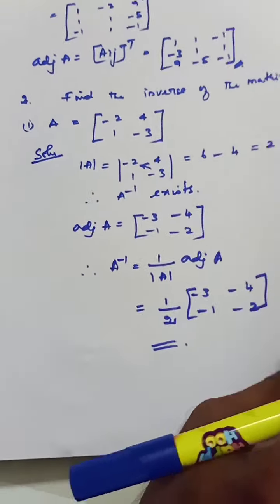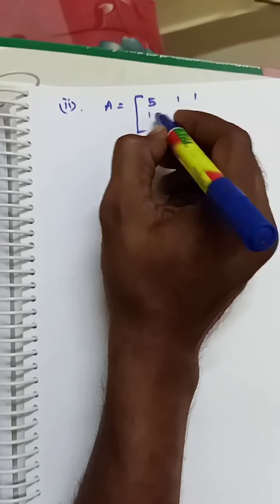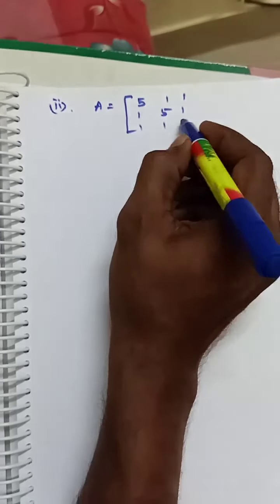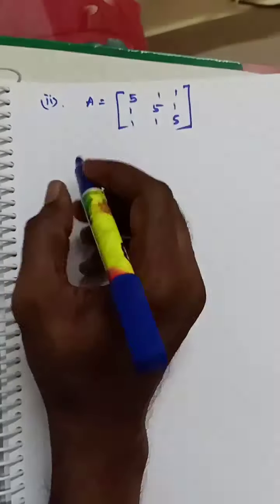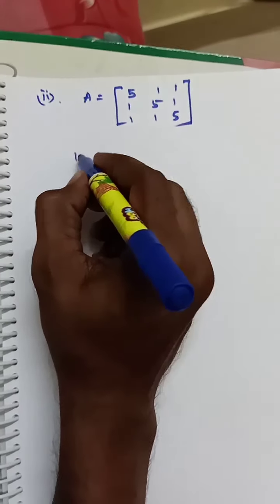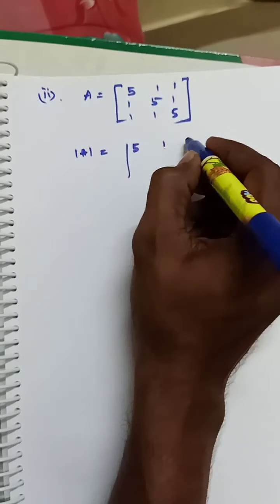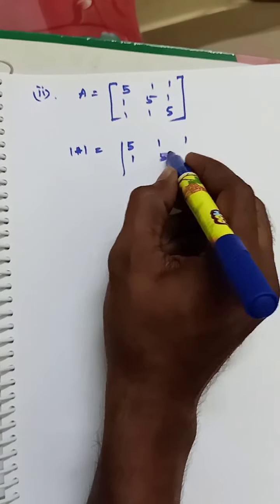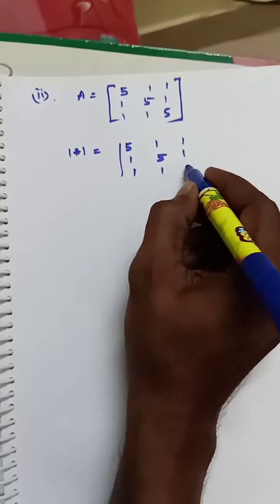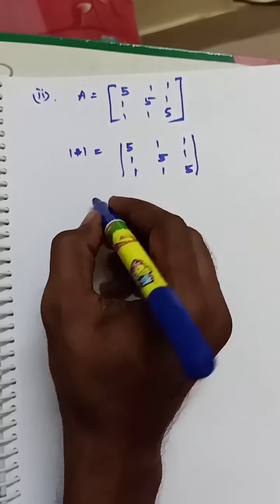Now the inverse of a 3 by 3 matrix. Our A is [5 1 1; 1 5 1; 1 1 5]. So what is our determinant of A? Determinant of A is |5 1 1; 1 5 1; 1 1 5|. This is a 3 by 3 matrix.